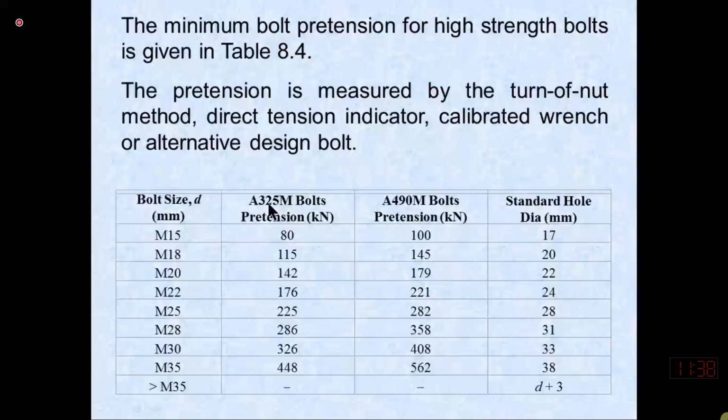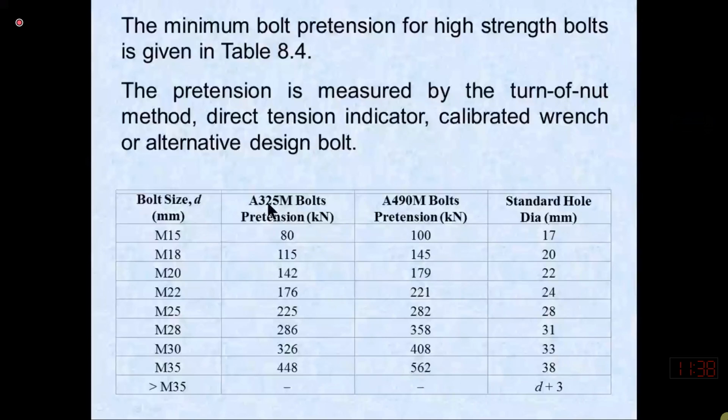If we are using grade 490, where the ultimate strength is 490 megapascal, then we are supposed to provide a pre-tensioning of 282. And this table indicates the diameter of the hole that we need to punch to accommodate any particular nominal diameter of the bolt.